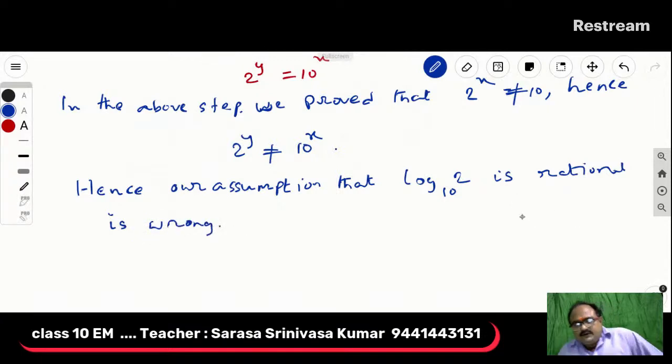So if it is not a rational number, then we write the definition of irrational number.